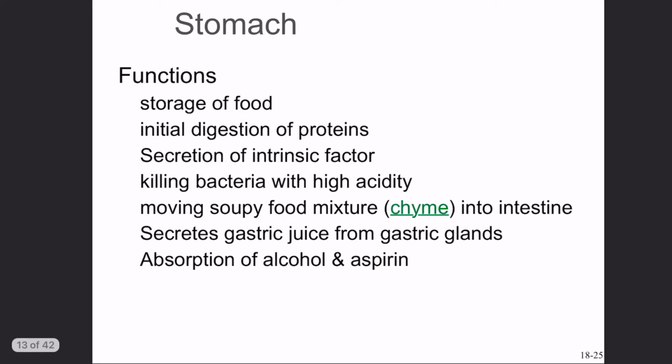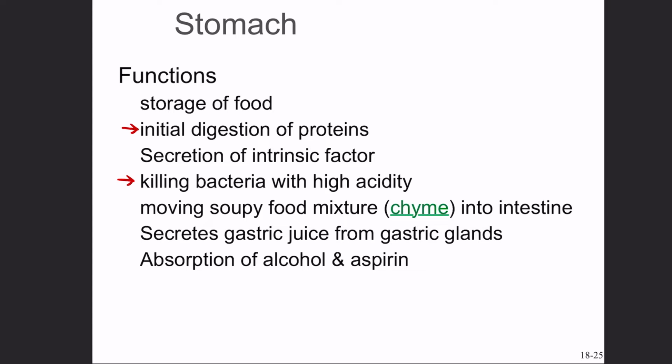The stomach is an area where we can store food. It is where digestion of protein initially begins because it does not begin in the mouth. It can be a protective mechanism because it kills bacteria with its high acidity.